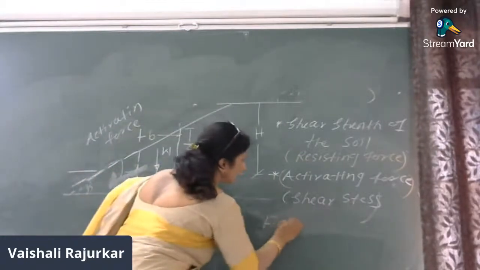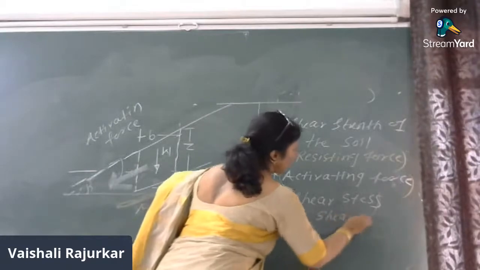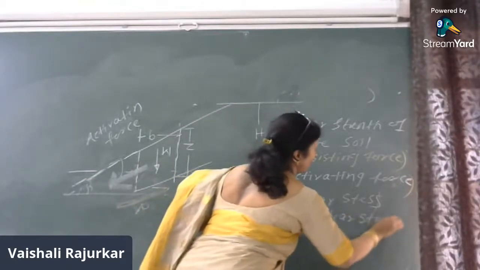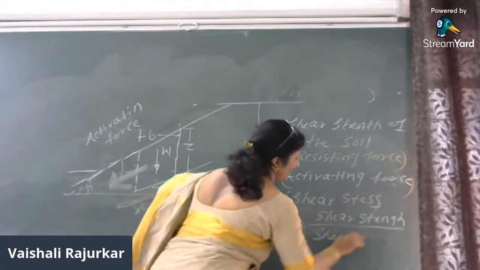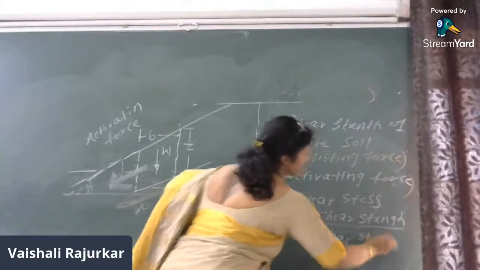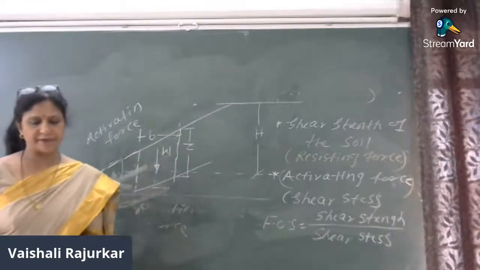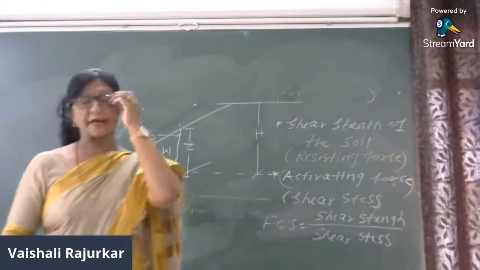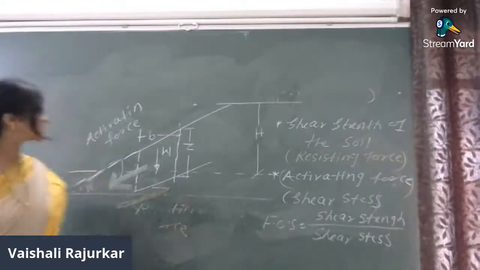Factor of safety is equal to shear strength upon shear stress. These things we have already discussed in the previous lecture. Now we will come directly to the point. What is the equation of shear strength?